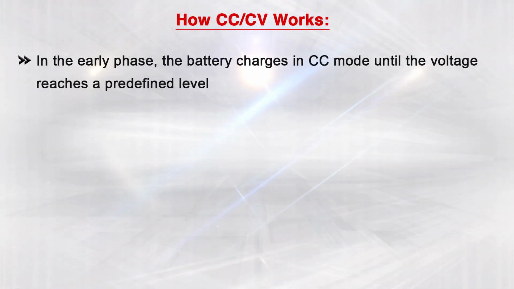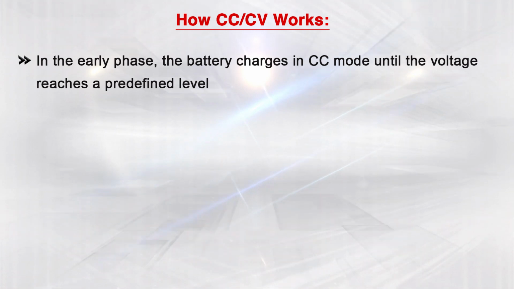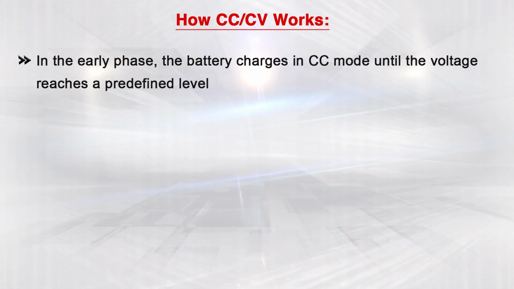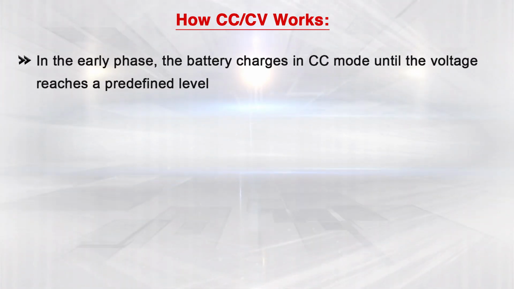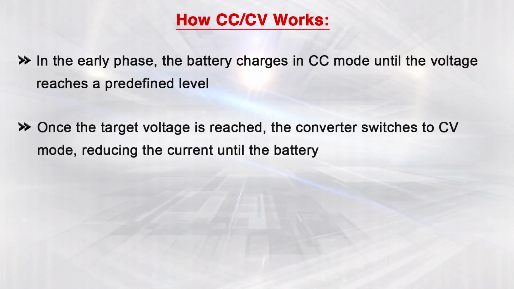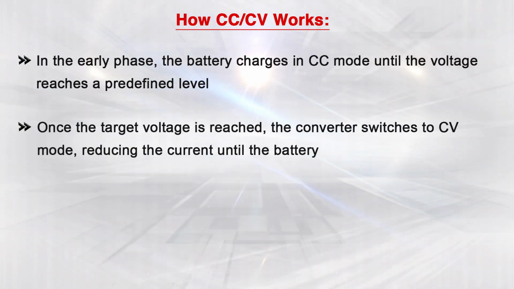How does CCCV work? In the early phase, as I discussed, the battery charges in CC mode until the voltage reaches a predefined level. Once the voltage achieves the predefined level, it switches to the CV mode.